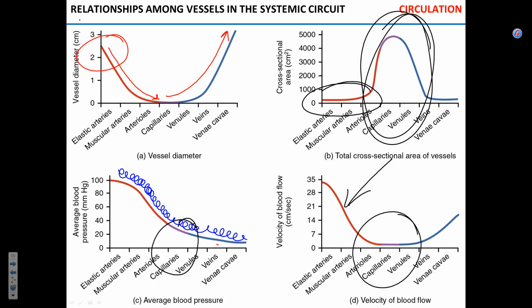And then when it enters more, sort of narrow point, the flow rate increases. So essentially, the largest cross-sectional area is in the capillaries. The flow rate is the slowest in the capillaries, fastest in the arteries. Veins kind of in the middle. Does that make sense?